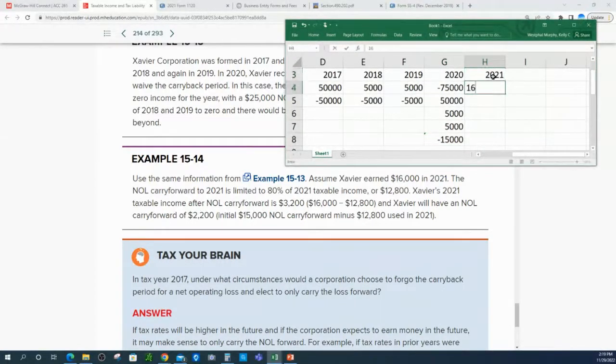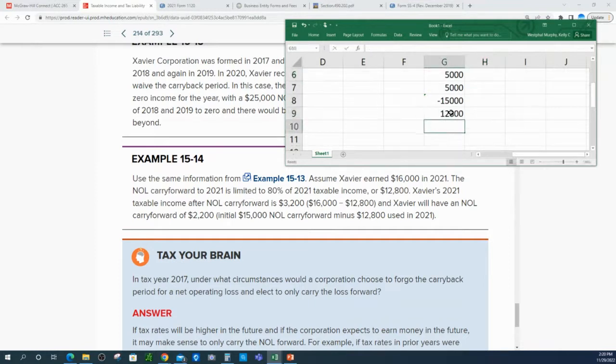So we can apply 80% of that, 16,000 times 0.8, so we can subtract up to 12,800, which means we've got $2,200 left over to use in 2022.